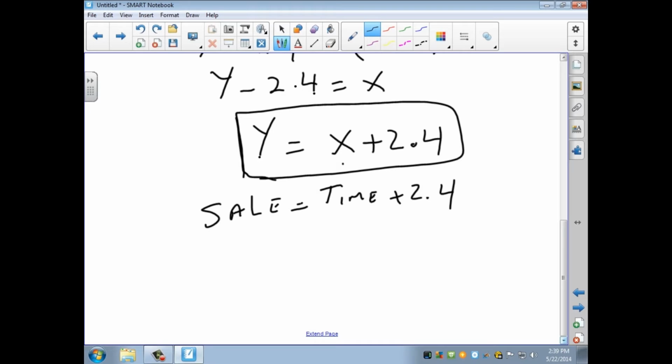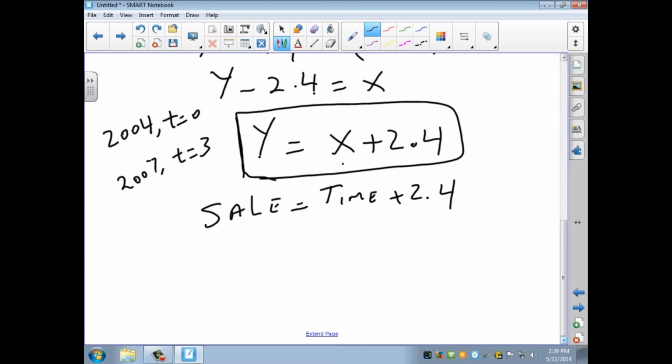So in 2007, what is time equal to? Again, remember 2004, T was equal to 0. So 2007, T would be equal to 3.